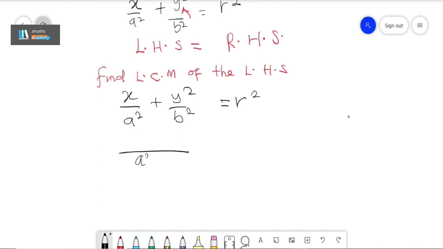So we have here a squared b squared. A squared into a squared b squared, we have b squared multiplying x, so we have b squared x, plus b squared into a squared b squared, we have a squared multiplying y squared, so we have a squared y squared, equal to r squared.